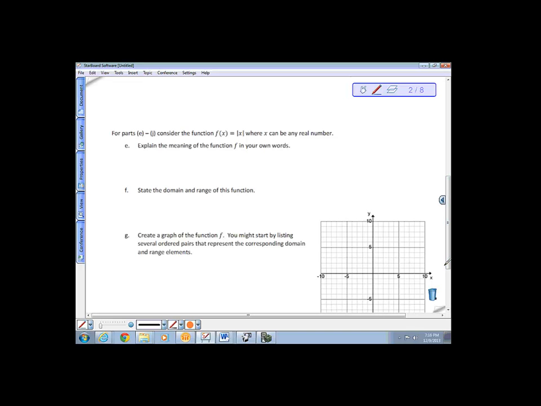Consider the function f of x equals absolute value of x, where x can be any real number. Explain the meaning of function f in your own words. Okay?